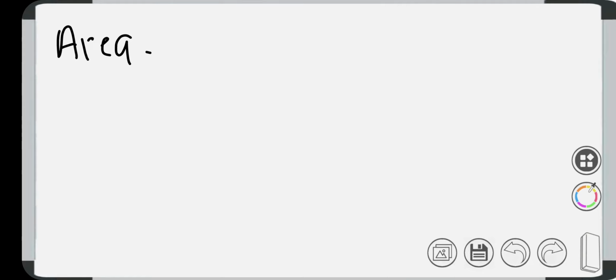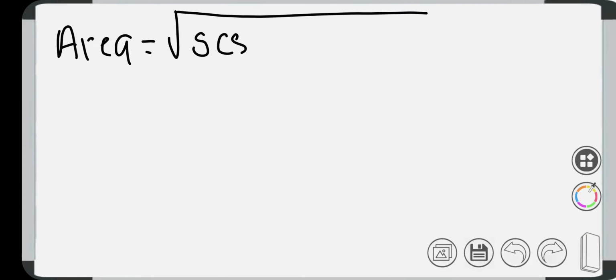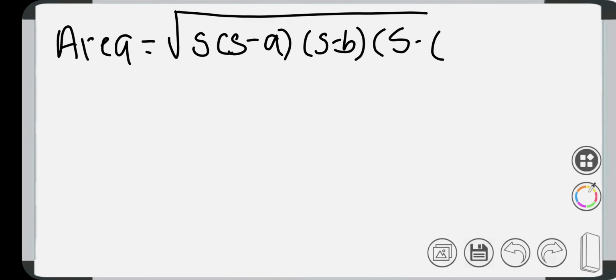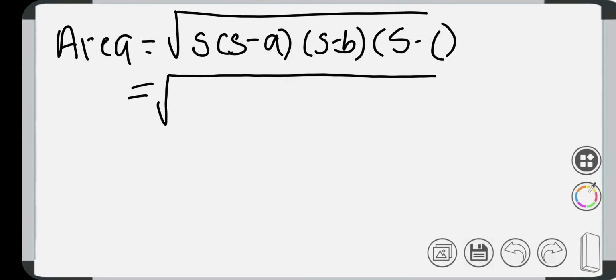Applying Heron's formula in this question, the area of this triangle will be the square root of s multiplied by (s minus a) multiplied by (s minus b) multiplied by (s minus c), putting in all the values of the semi-perimeter, a, b and c. a, b, c are given already.